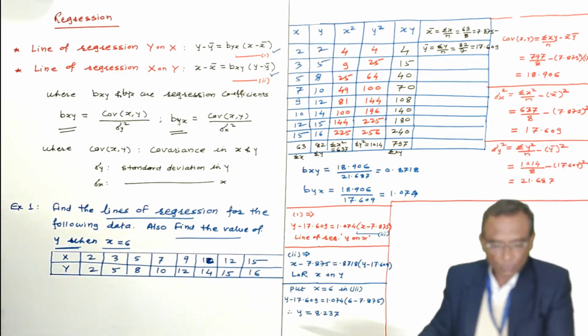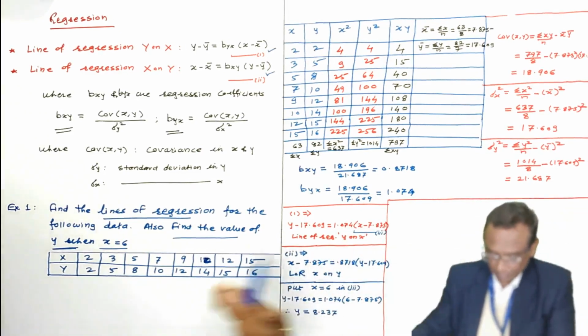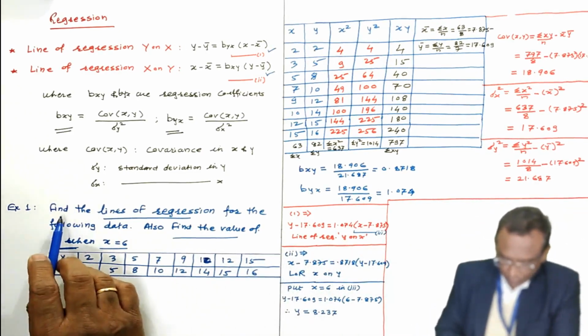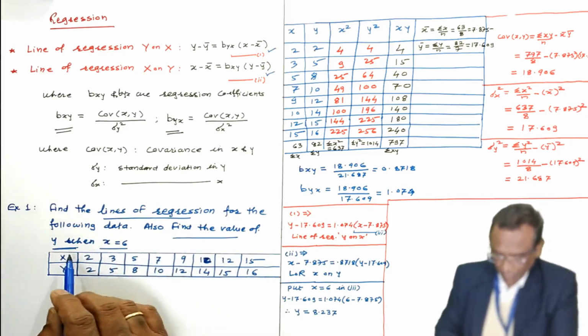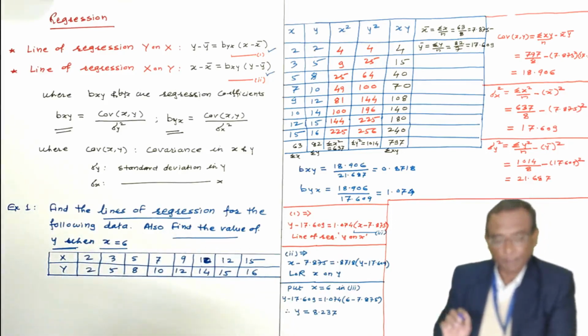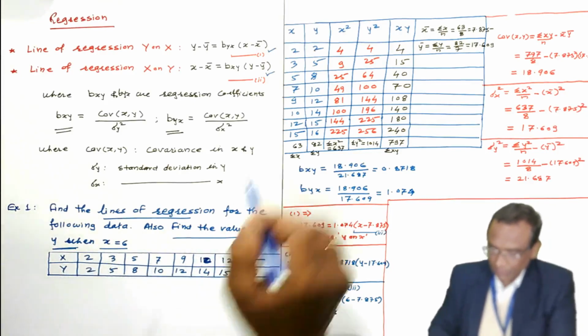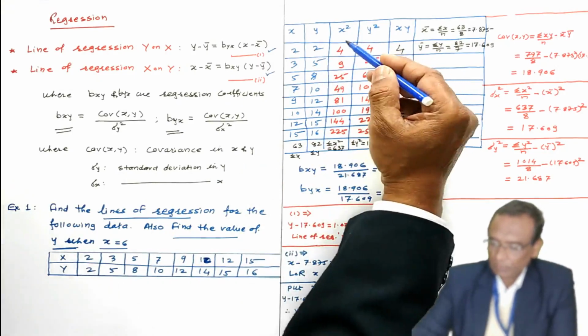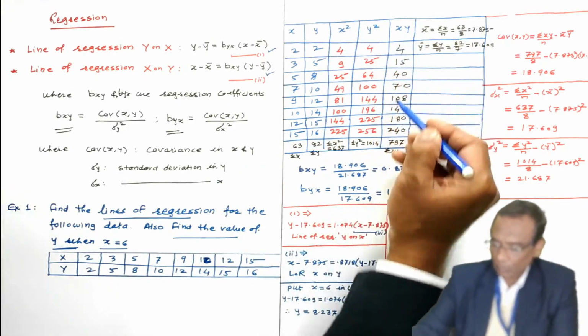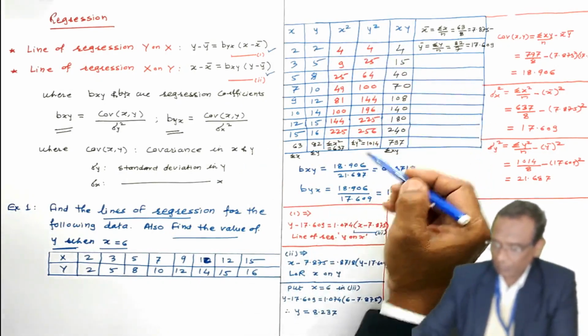So once again, I am going to wrap up shortly in minimum time. Find the line of regression for the following data. Also find the value of y when x is given. This data is given. The x square, y square, xy columns I have done.